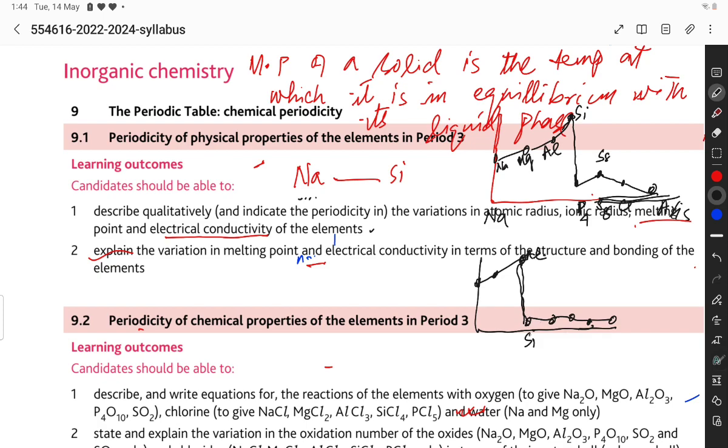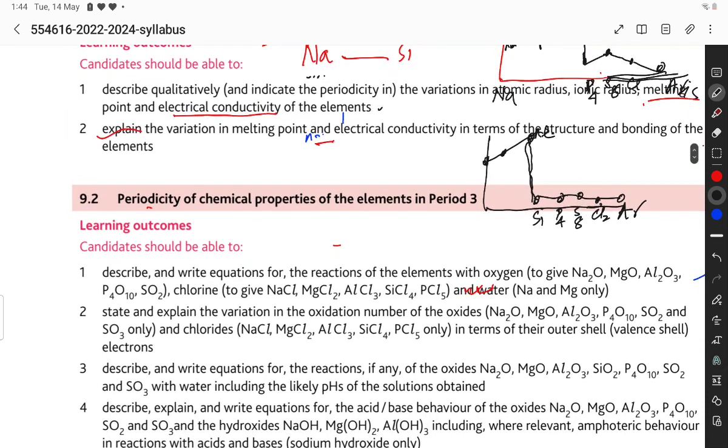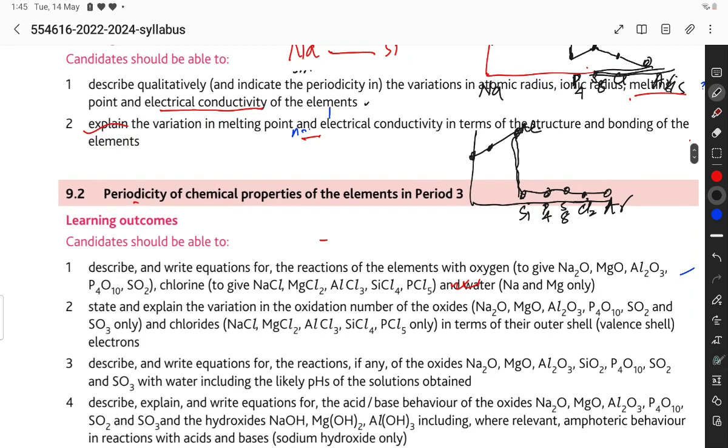But silicon, phosphorus and sulfur are non-metals, they don't have free moving electrons. This is P4, this is S8, and this is argon, so they cannot conduct electricity. There is a drop from aluminium to silicon because it has a macromolecular structure and there are no free electrons. Conductivities of the remaining elements are very low because they are all simple molecular substances.